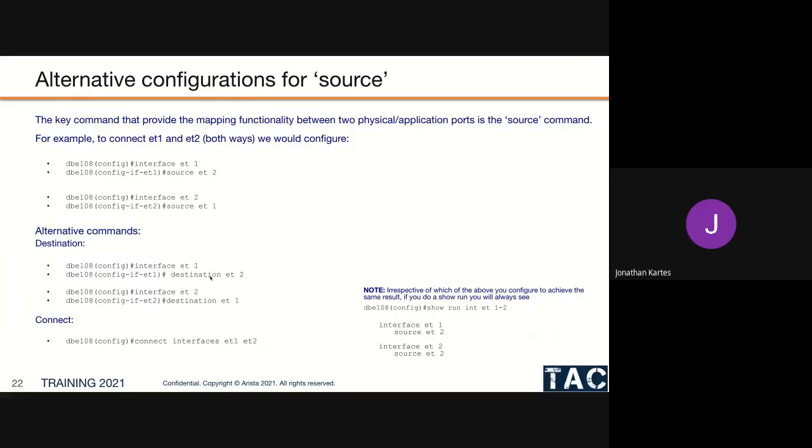And this will actually put source Ethernet 1 under the config for interface Ethernet 2 using this destination command here. Or if you want to just connect two interfaces, you can say connect interfaces Ethernet 1, Ethernet 2. And it'll do this equivalent up here.